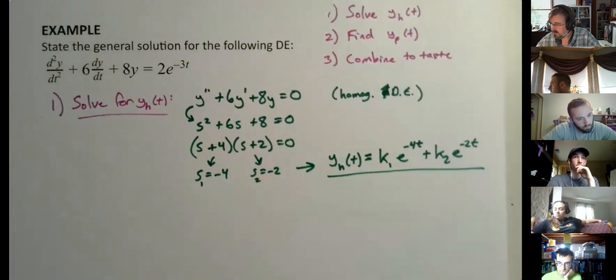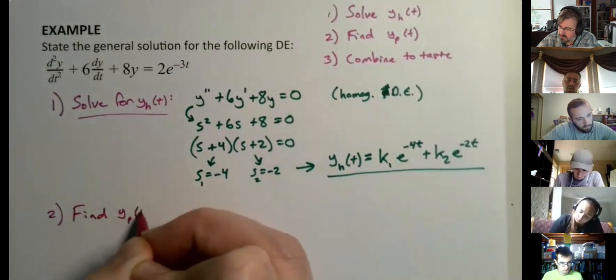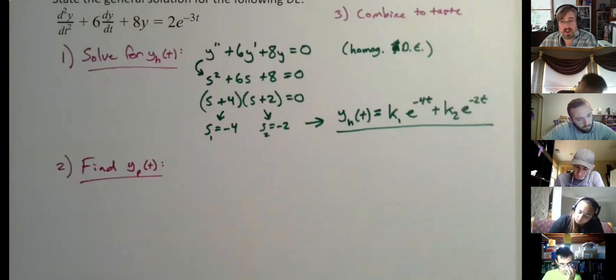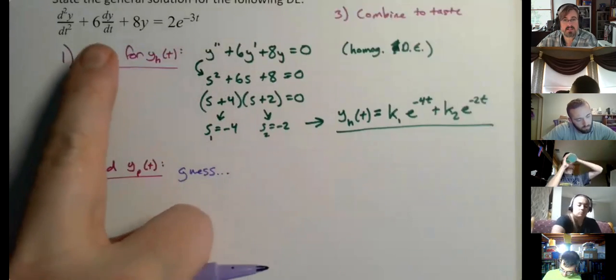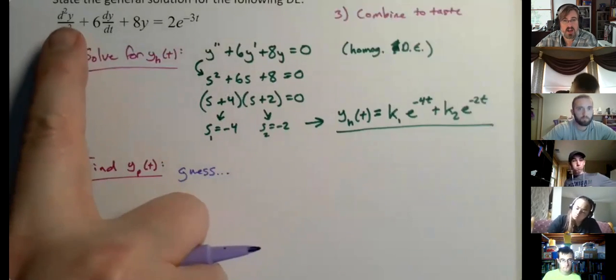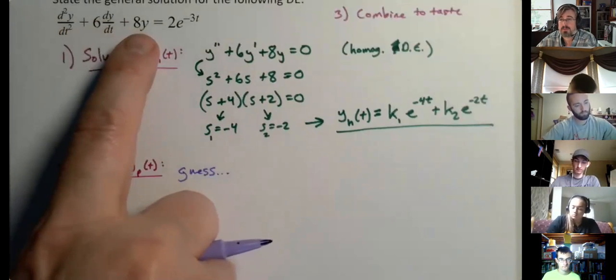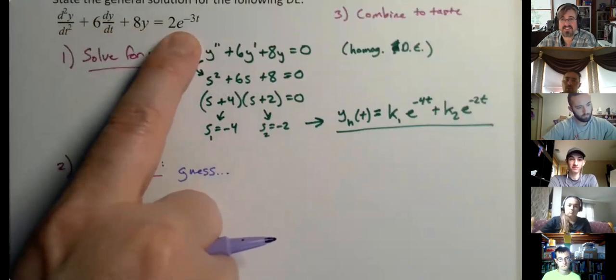We got that. Then it's step 2, which is we have to figure out a particular solution. And we're going to do that by applying our lucky guess method. We're going to try to guess some y of t that when I plug it in up here, I take its second derivative, add 6 times its first derivative, plus 8 times itself, and what comes out is 2e to the negative 3t.